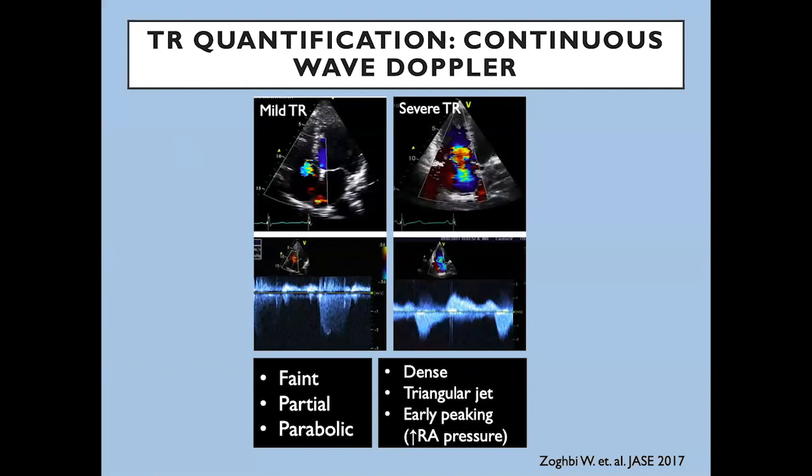Remember that the density of the CW Doppler jet that we get for tricuspid regurgitation, and really for any valve regurgitation, is proportional to the number of blood cells in the jet. So if you have a faint parabolic partial jet, that is more consistent with mild tricuspid regurgitation. Whereas if you have the dense triangular early peaking jet, which is indicative of high right atrial pressure, that is more indicative of severe tricuspid regurgitation.